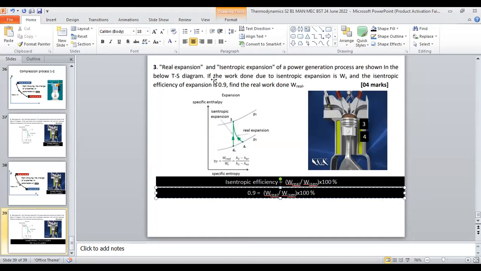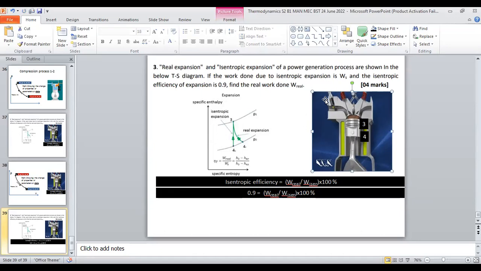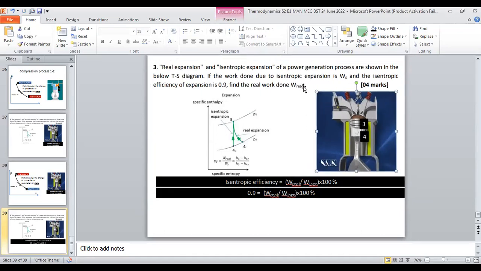And here WS is the isentropic work done, and W real is here.